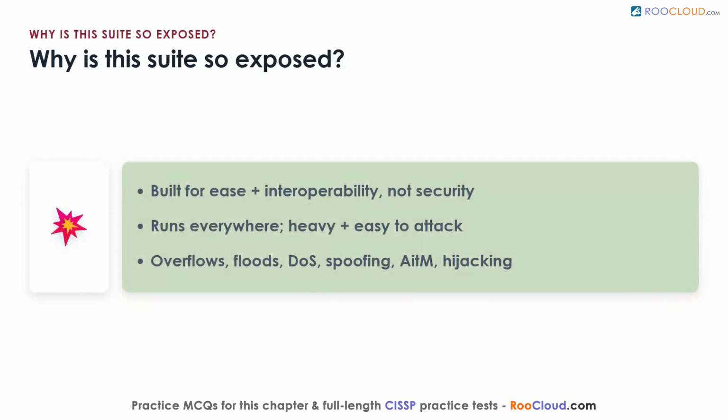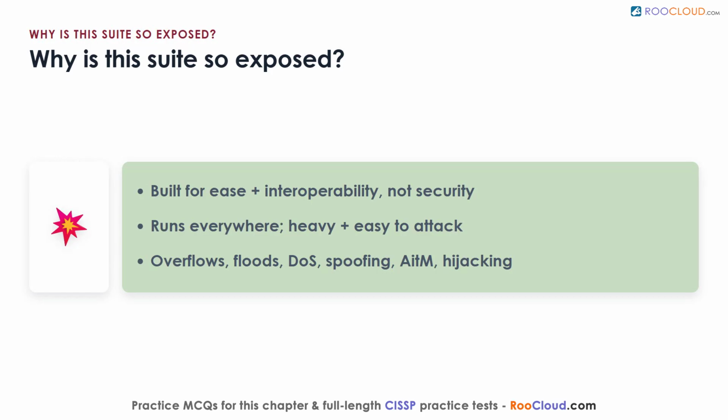Why is a protocol suite this popular also so exposed? Because it was designed for ease of use and interoperability, not for security. The suite is platform independent and built on open standards, so it runs on nearly every operating system, but it is heavy on resources and relatively easy to attack.